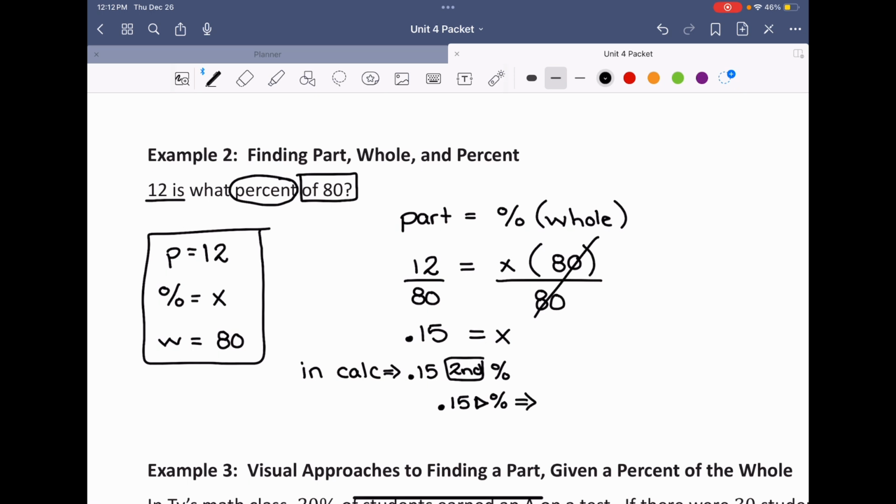And it'll give me 15 as a percent, which is 15%. But I can also know that if I just take this decimal and move it 2 spaces, it'll give me the percent. So when it's asking me for a percent, I just have to do a couple extra things.